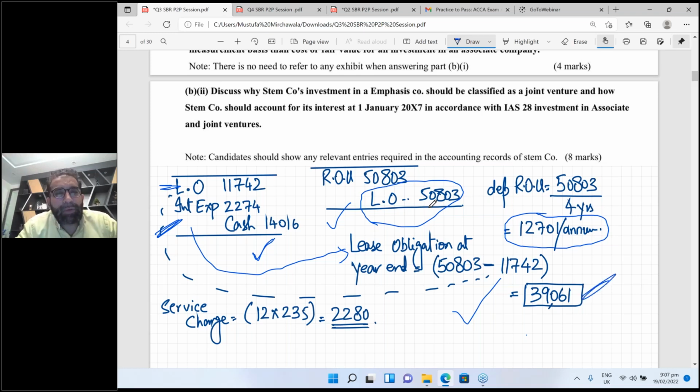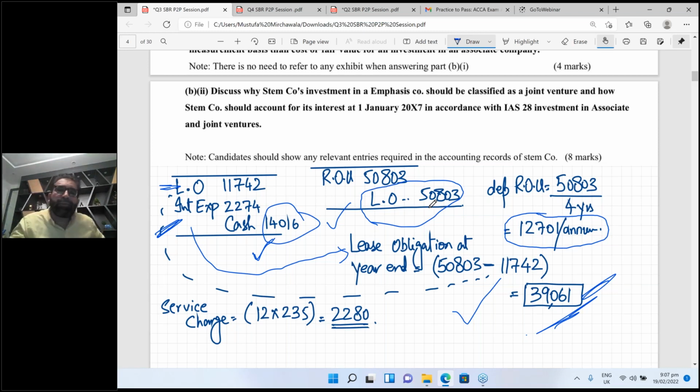But you know how the examiner speaks. Take out your calculator. First write 50803 and subtract 14016, then add the interest of 2274. You will get the same number.